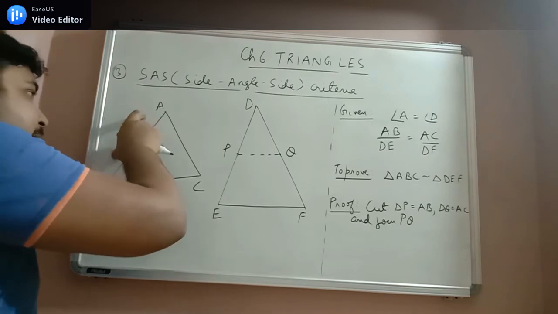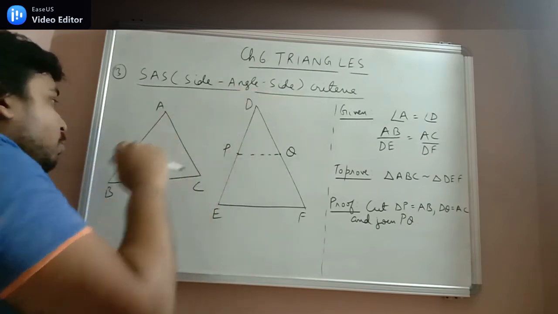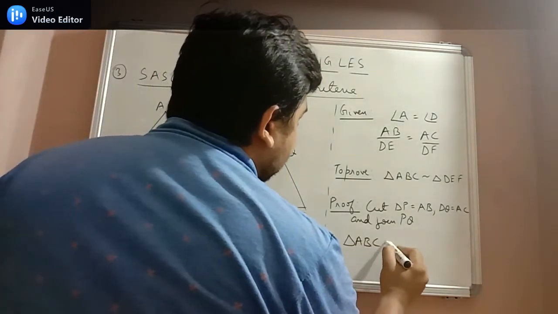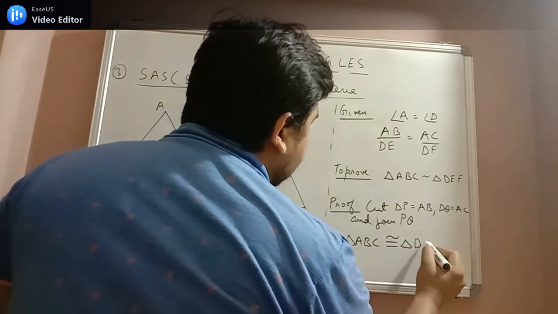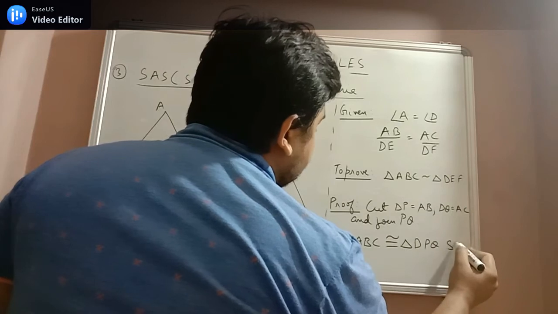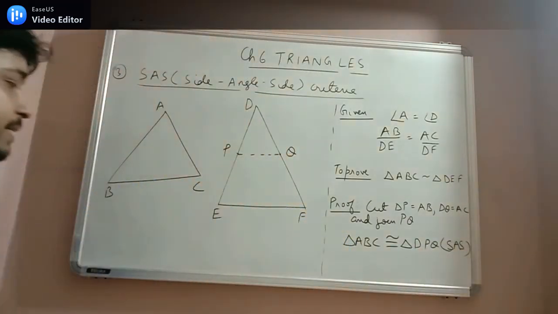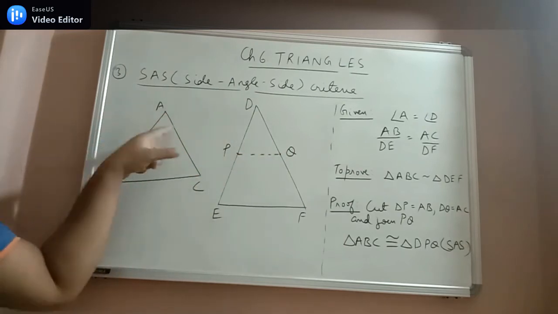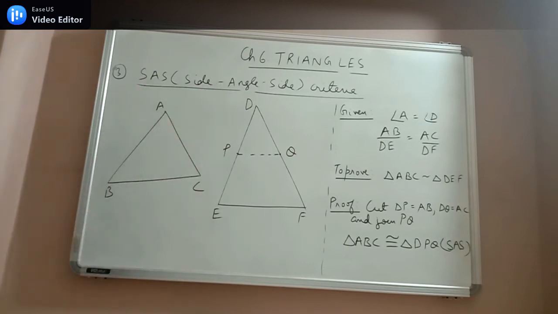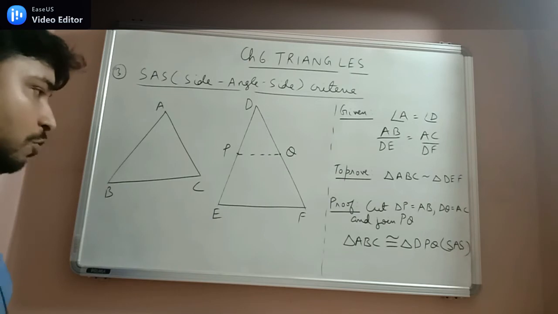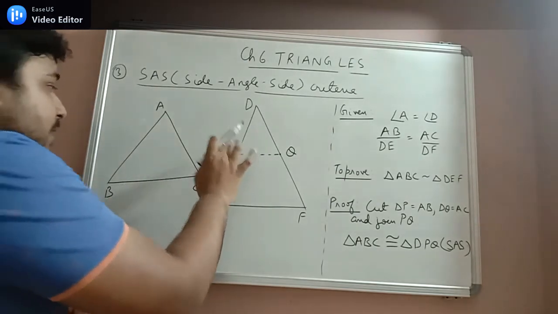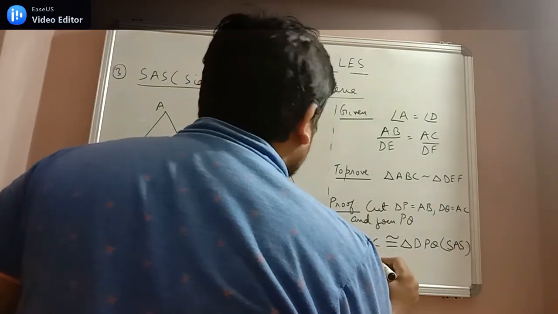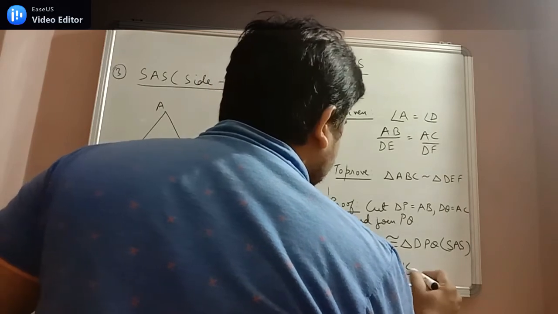Now since I have AB equal to DP, AC equals to DQ and angle A equal to angle D, one can say that triangle ABC is congruent to triangle DPQ by SAS criteria of congruency, side angle side. So by this we conclude that angle B is equal to angle P and angle C is equal to angle Q.